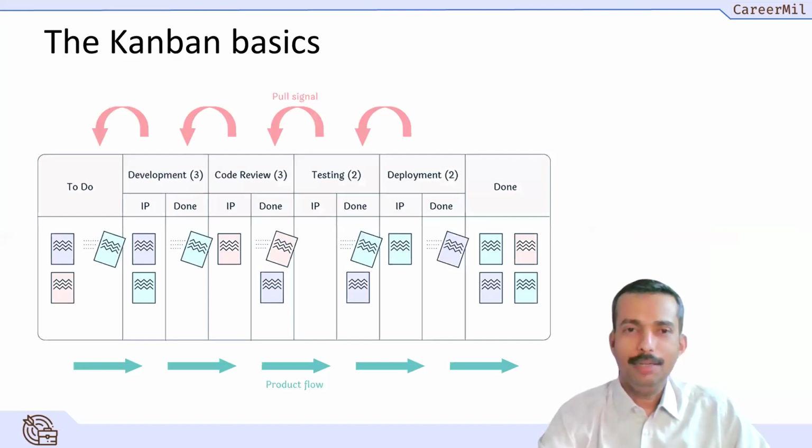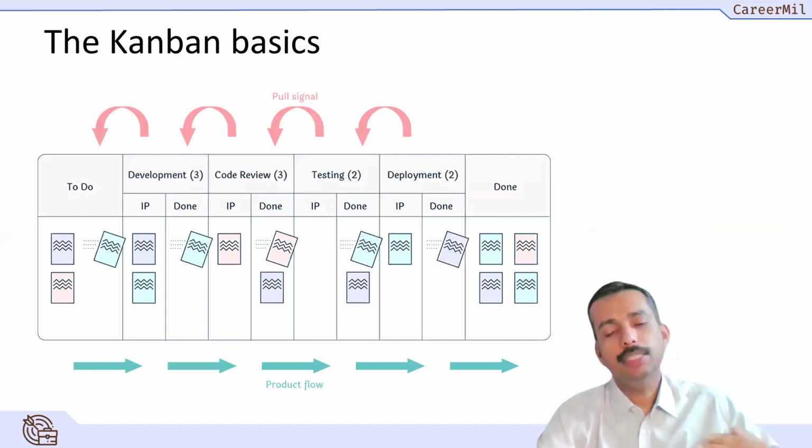Now, one final thing about Kanban that I would also like to share with you is about how they do planning. Kanban does not have sprints or sprint boundaries. So essentially, there is no sprint planning. So what happens is it's a continuous flow, right?